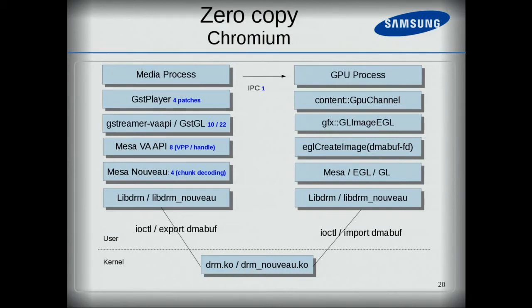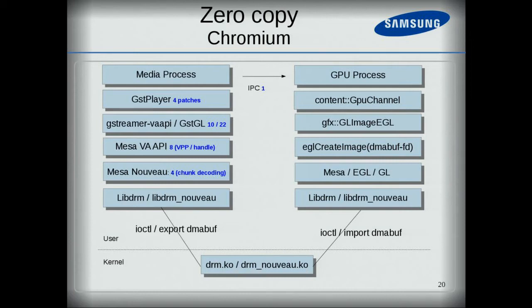And then, at the end of the pipeline, GL image sink will see this surface which is exported to a DMA buffer, and will import it into an EGL image. So we will call EGL create image.